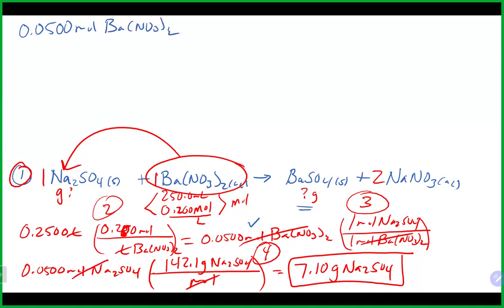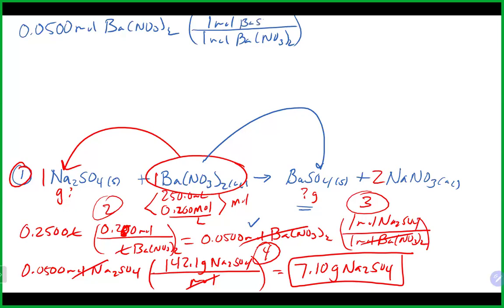We can now do the mole-to-mole relationship between barium nitrate and our product, which happens to also be a 1-to-1 relationship, which is nice. So for every 1 mole of barium nitrate, there is 1 mole of our product, which is barium sulfate. The moles are going to cancel, giving 0.05 moles of barium sulfate.